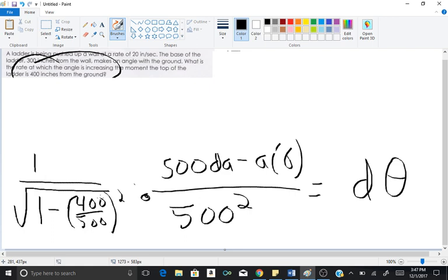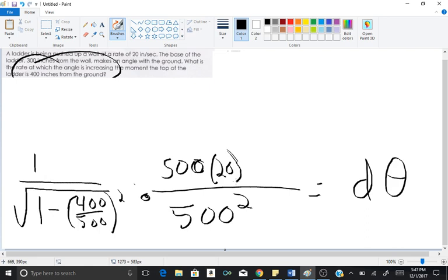I know that dA is 20, so I can get rid of dA and put 20 in. So I've got 500 times 20. All right, a times 0 is 0, so this section of the problem is just going to go away. Pretty nice. And that's it. I've just got to simplify now.